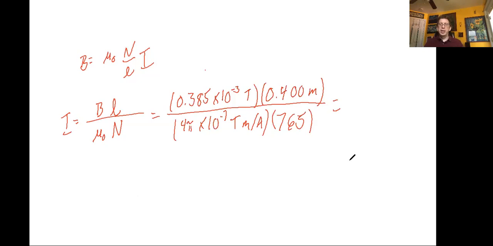So you plug that in. And then, like I said, I recommend dividing by pi and then dividing by 4 times 10 to the negative 7. And when all is said and done, you get a current of 0.160 amperes.